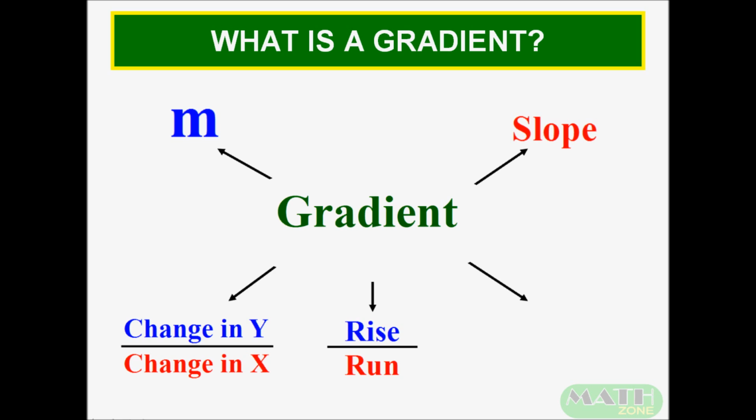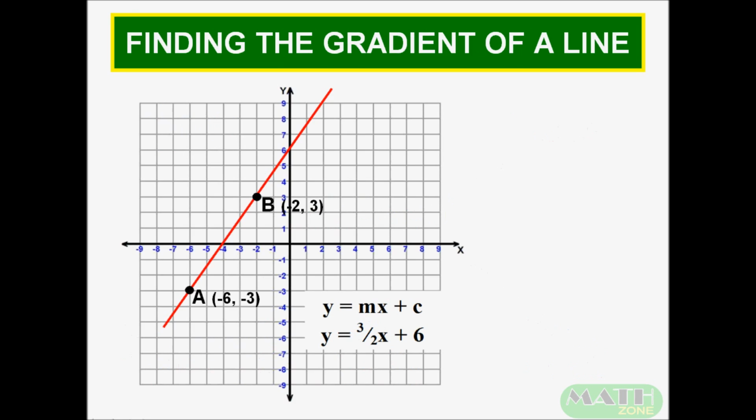There will be a formula that you'll be introduced to find the gradient of a line, which is y2 minus y1 upon x2 minus x1, where these are coordinates. On our grid here, we can see a straight line with 2 points on that line.